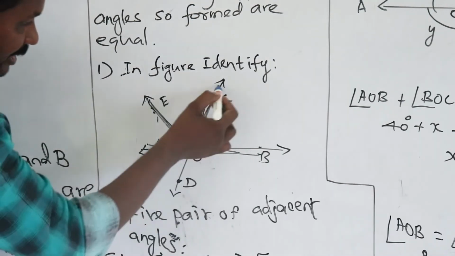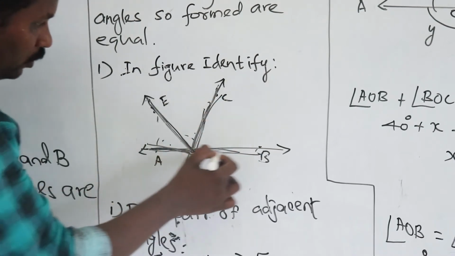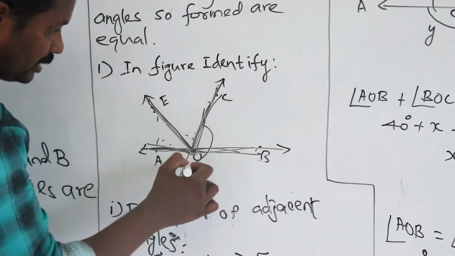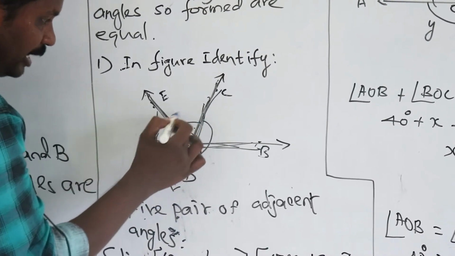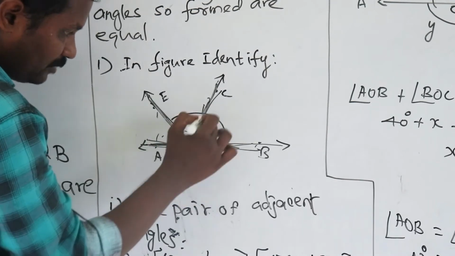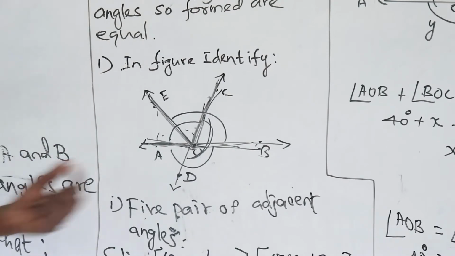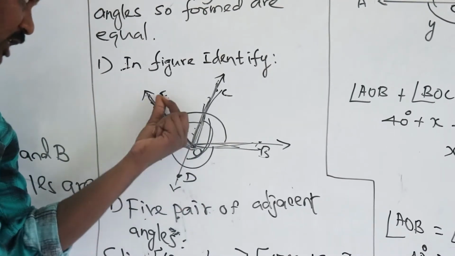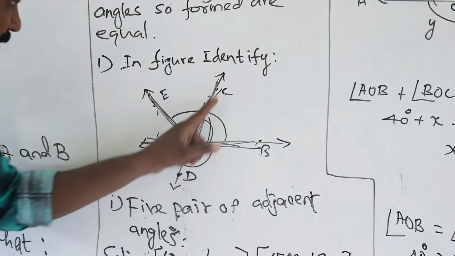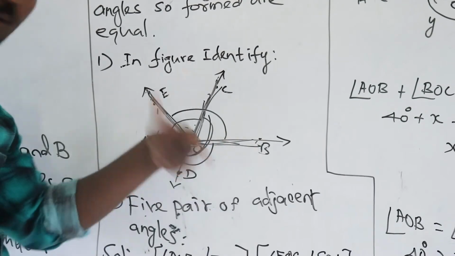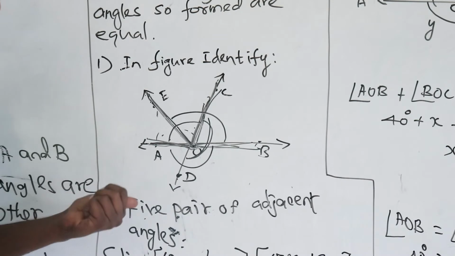Next, COB and BOD. We take these two angles, next these two angles. So AOE and EOC are one pair, EOC and COB are one pair, and BOD and DOA are one pair.